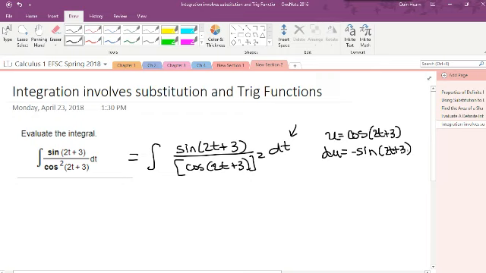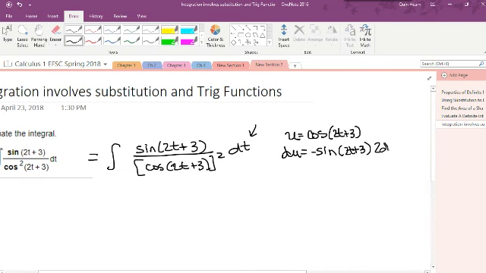So the derivative of 2t plus 3 is going to be 2, and we're going to have 2 dt.